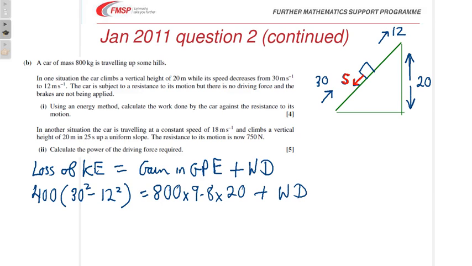Right, calculate your time, plug in the numbers, and WD works out to be 145600. And that'll be joules.